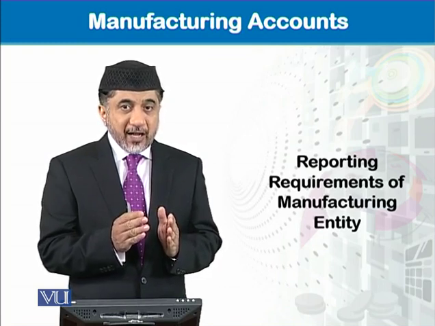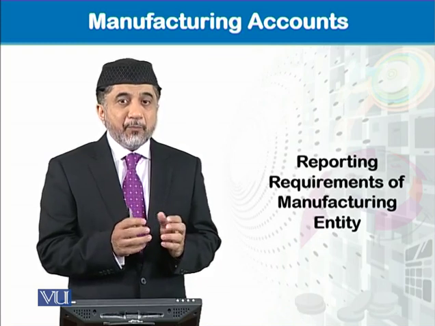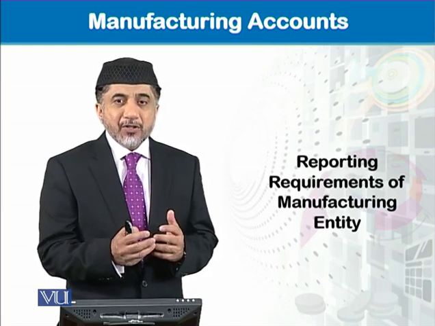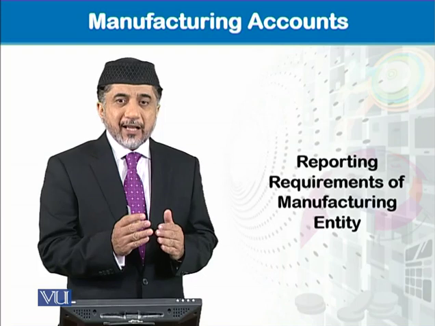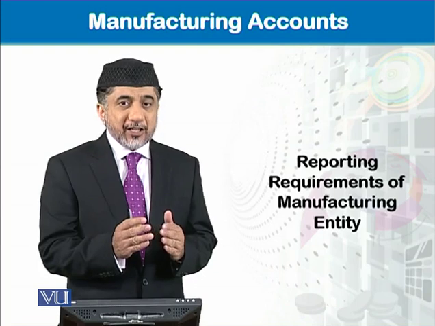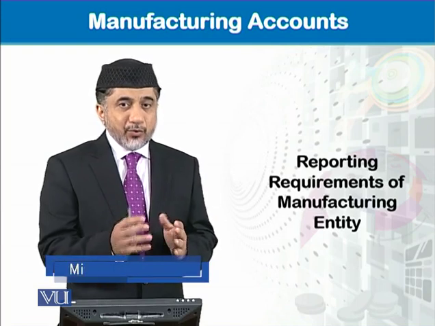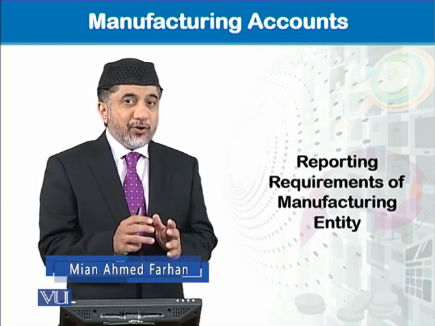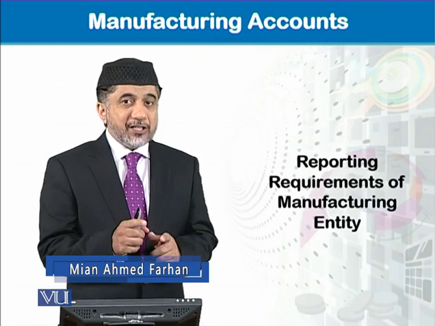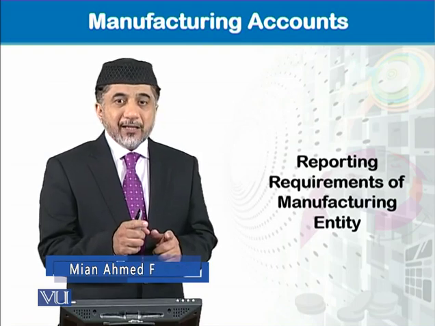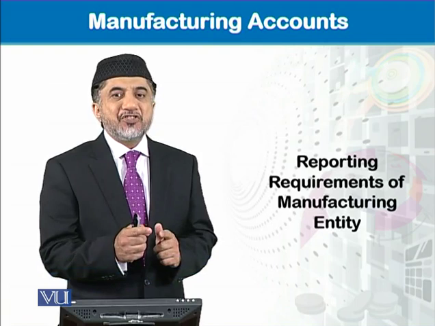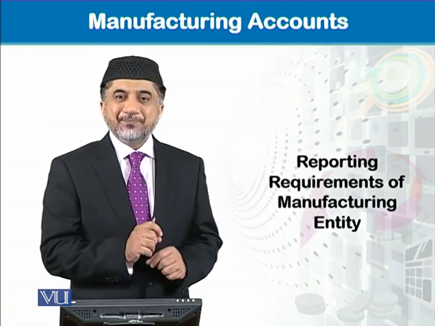entities which are engaged in manufacturing process, because goods oriented entities are engaged in trading business as well. So we are focusing on those goods oriented entities which are into the manufacturing business. Got it?